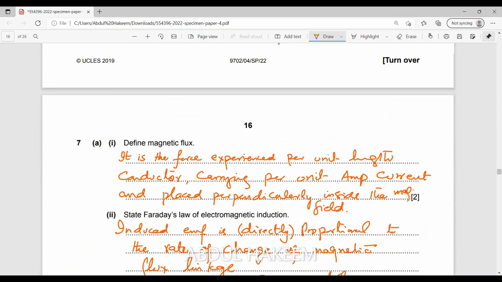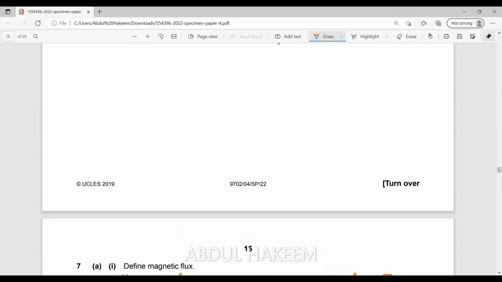And the next is define magnetic flux, not the magnetic flux density. So we will write here, it is the product of magnetic flux density B and the area, and then we will mention the plane of the area is perpendicular to the magnetic field lines.